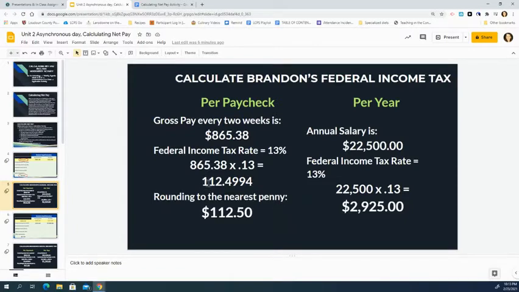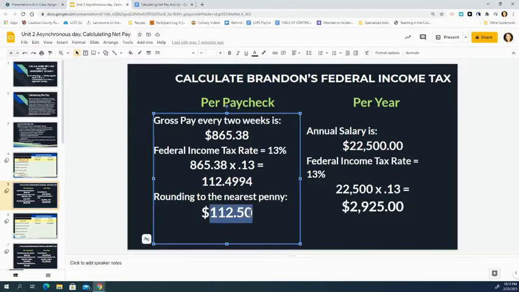If you calculate that, you get $112.49. You can round that up to 50 cents. So his per paycheck federal income tax is 13% of $865.38, or $112.50.